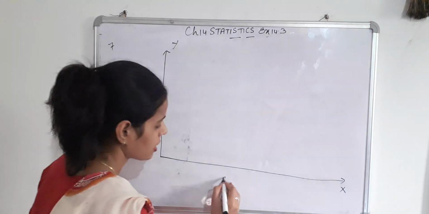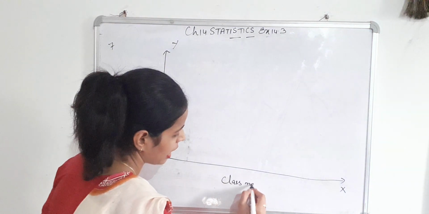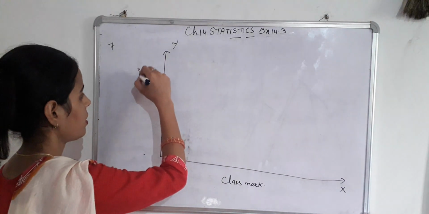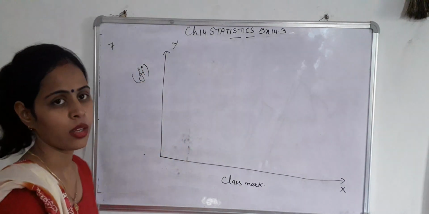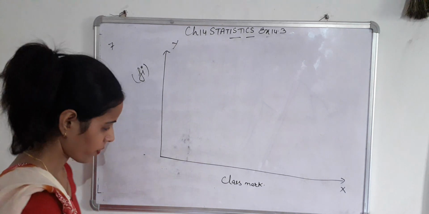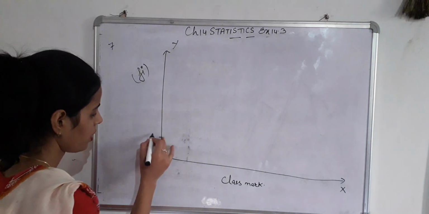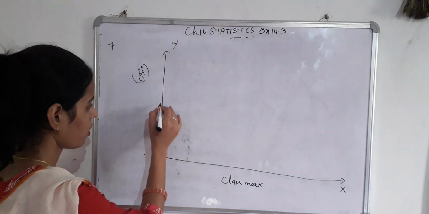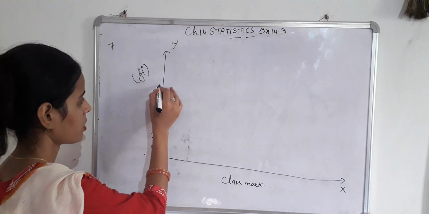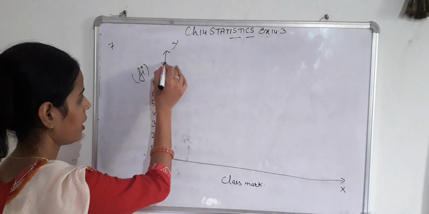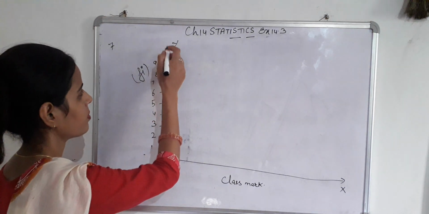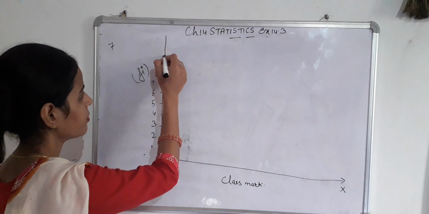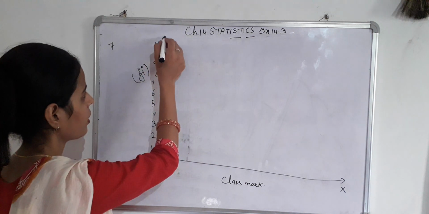On the X-axis take class mark and on the Y-axis take frequency. 1, 2, 3, 4, 5, 6, 7, 8, 9, 10, 11.